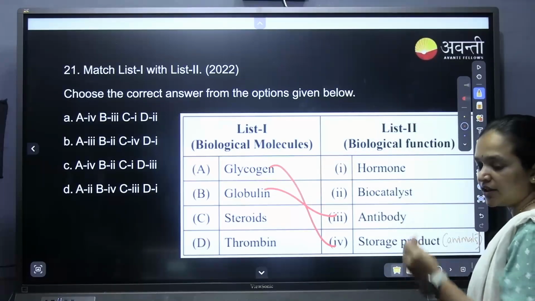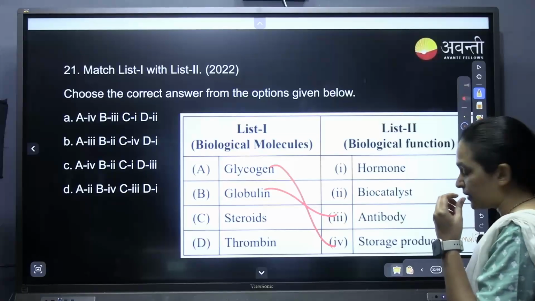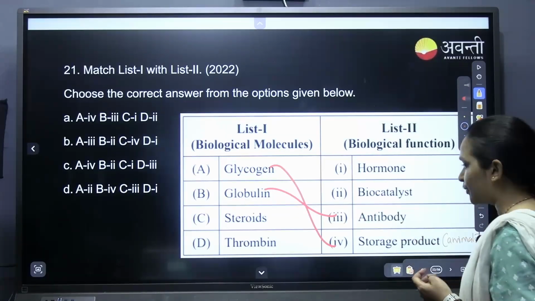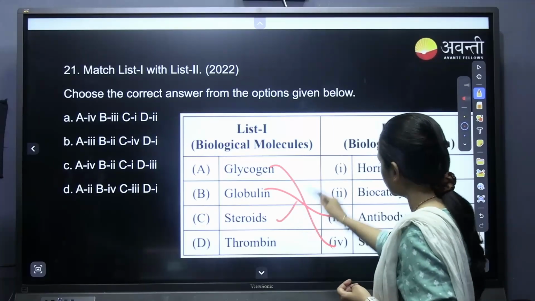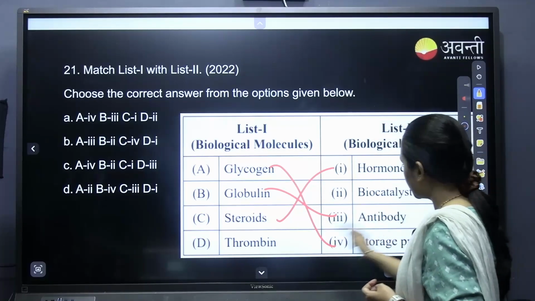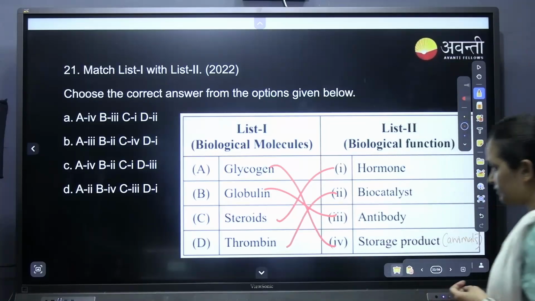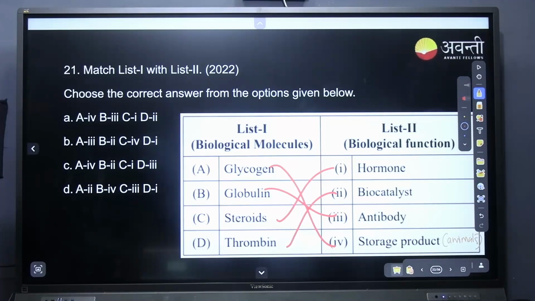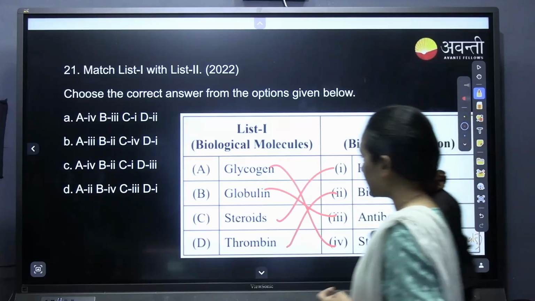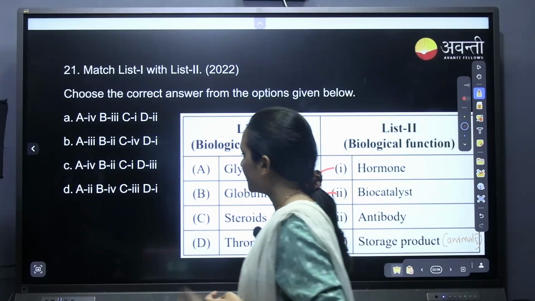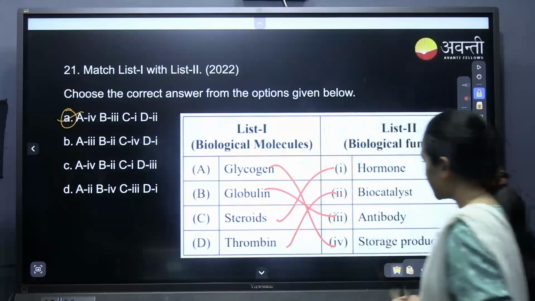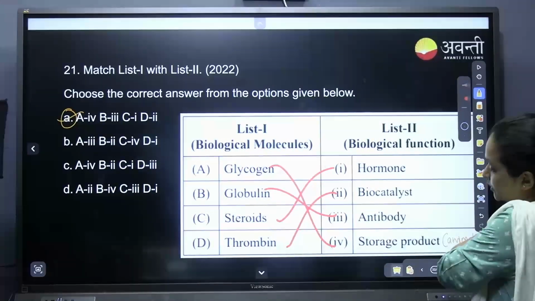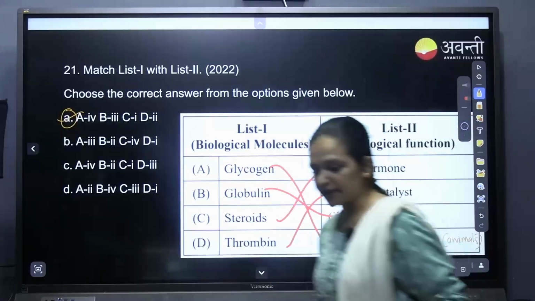Immunoglobulin, IgA, IgG, IgM, these are antibodies. Steroids are hormones, you know it already, and thrombin is a biocatalyst. So that makes A4, B3, C1, D2. Yes, so A is the correct answer.